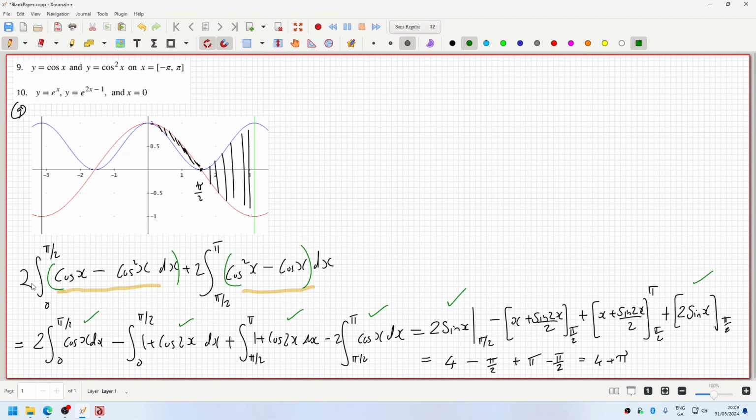Cos x times 2, that's 2 sine x. And then 2 cos squared, so that's 1 plus cos 2x. So that's x plus sine 2x.